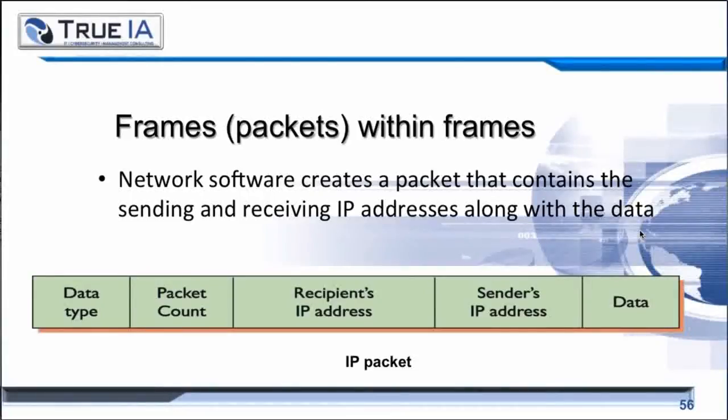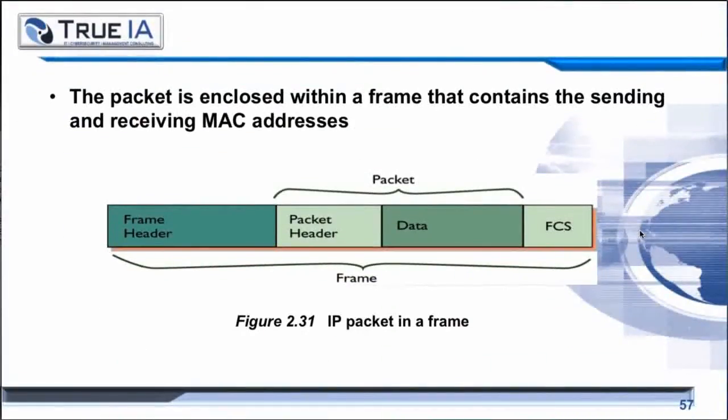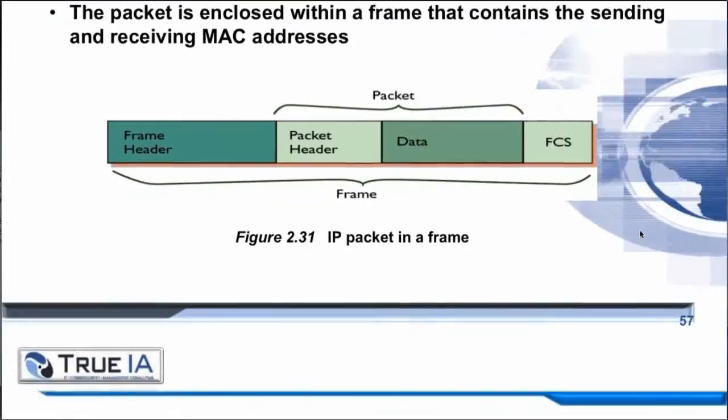Network software creates a packet that contains the sending and receiving IP addresses along with all that data. You need a couple more pieces of information like the data type and the packet count, but we'll get into that again later. So now we have our packet that is enclosed within the frame that contains the sending and receiving MAC addresses as well as the IP information.